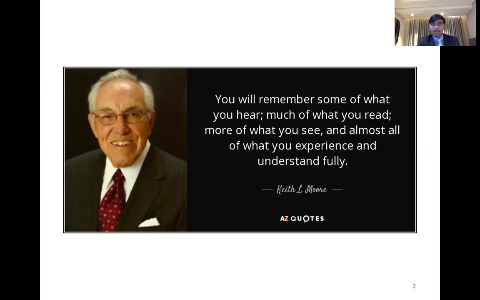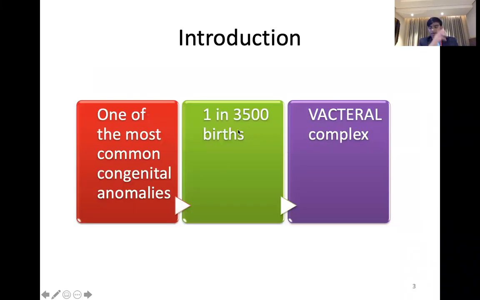Now, this tracheoesophageal fistula represents one of the most common congenital anomalies seen in the major pediatric surgical centers. Out of 3,500 births, you will get one case of tracheoesophageal fistula.